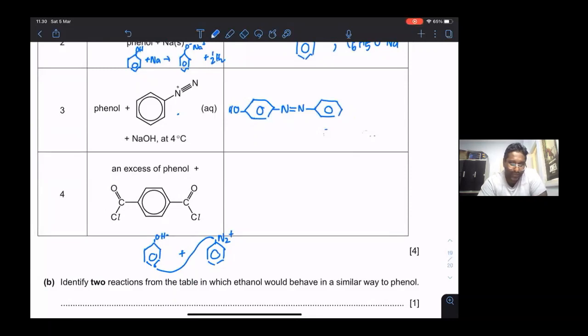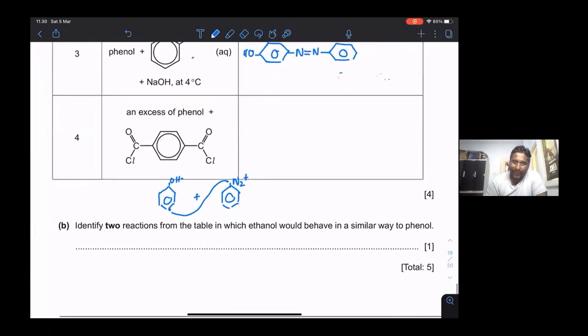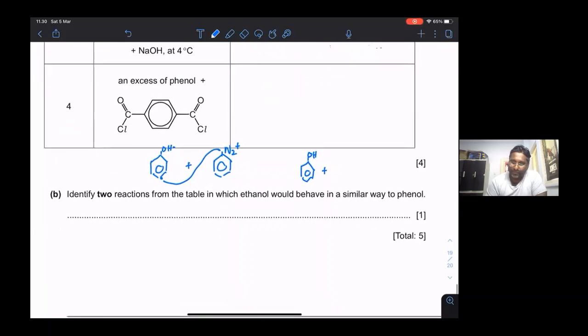Then they say excess of phenol. Phenol, they do react. When you have OH, this applies for ROH also. When you react with the C double bond OCl, the R acyl chloride, they do react, where they will give you ester.